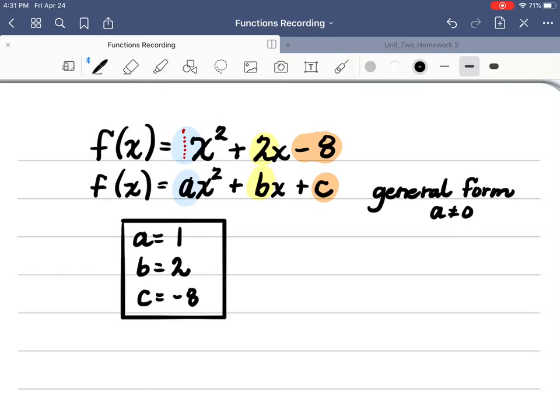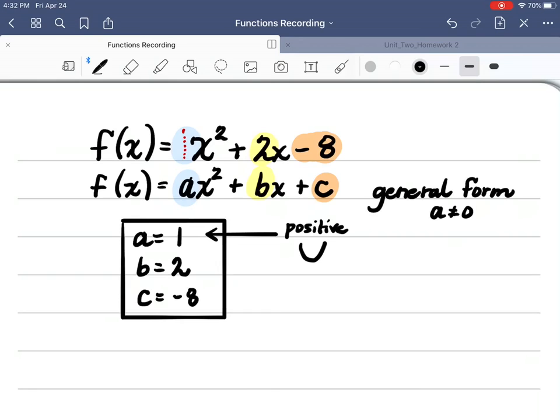Okay. So given those values of a, b, and c, I can tell you what my graph should look like. First of all, a is positive. So the shape of the parabola, it's not the slope, it's the shape, is a bowl that opens upward.